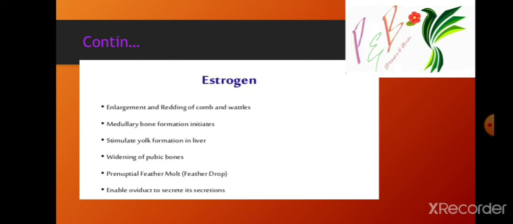By these outward functions of estrogen we can know when the hen will lay. When we see widening of pubic bones, the hen will lay an egg in 3 to 4 days. Reddening of the comb shows that the hen will lay an egg in one week to 10 days.